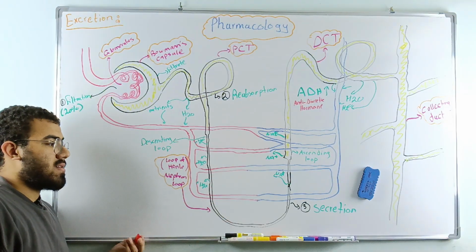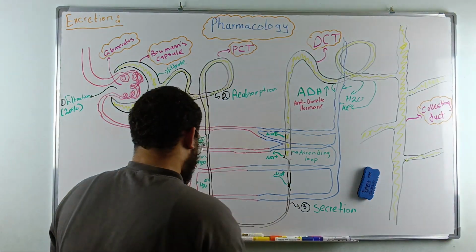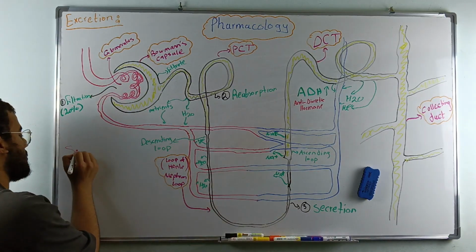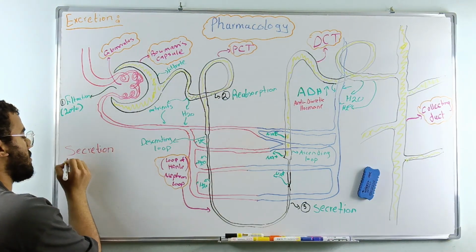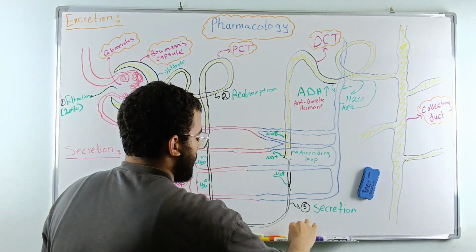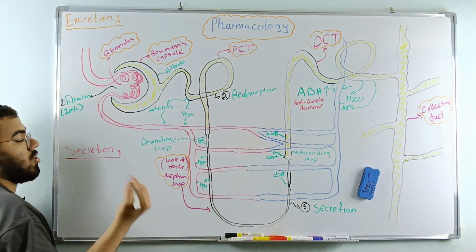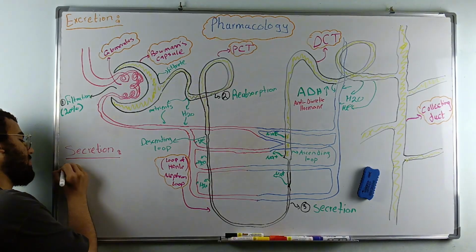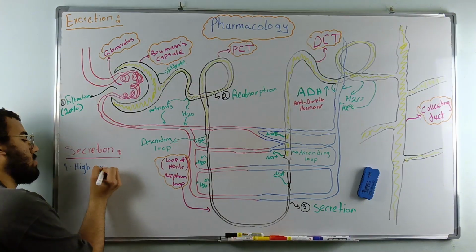So let's write first here regarding secretion. You won't write anything new actually here, but in order for these substances to travel without using any energy, which is something really basic, they need to travel from high concentration to low concentration.